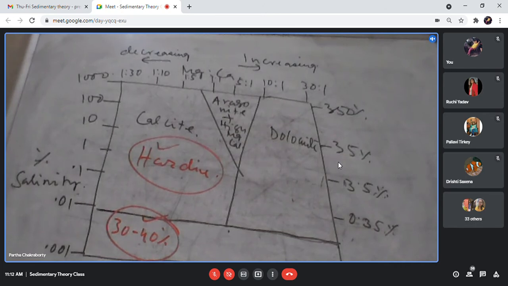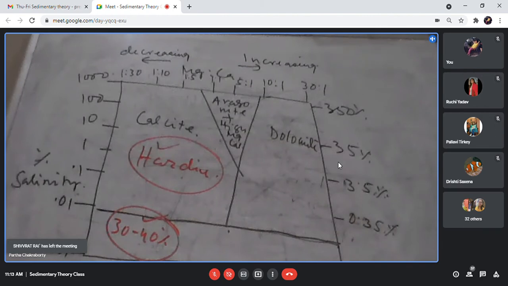This figure is an experimental figure. You understand? This is the experimental figure where different salinity and different Mg to Ca ratio and a proper carbonate saturation level has been provided in the experiment, and the different phase development has been seen. Now this experiment has been done with dolomite, which is a calcium-rich impure dolomite. That is what they have said.